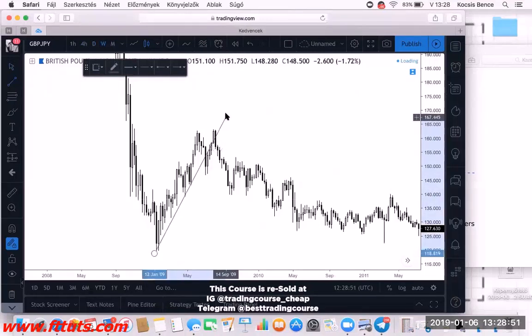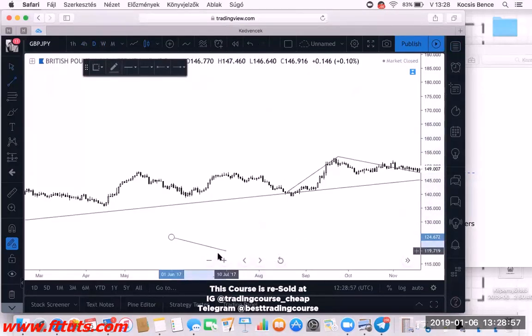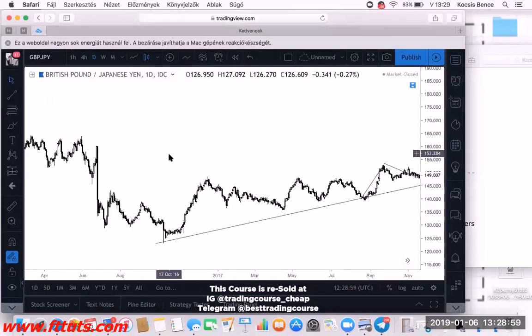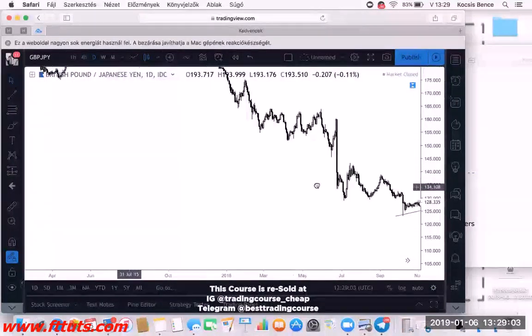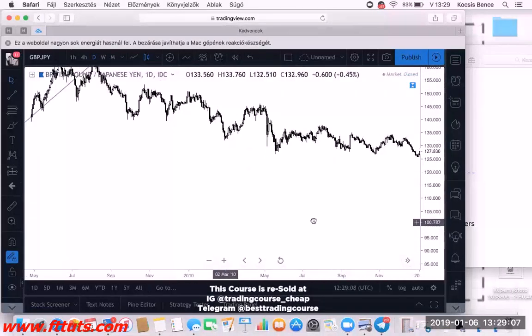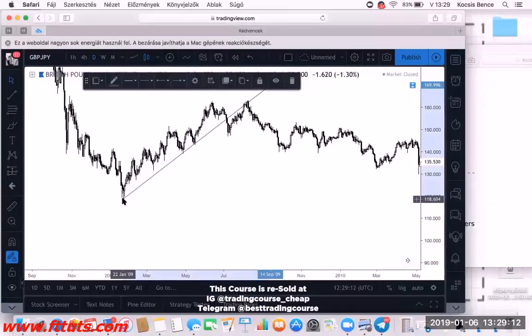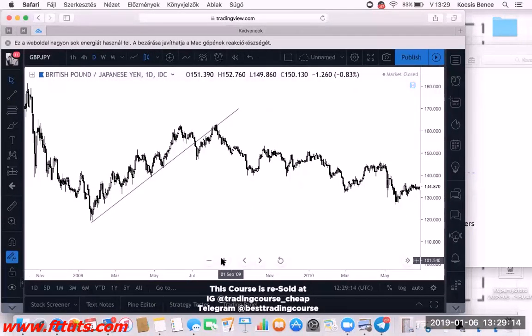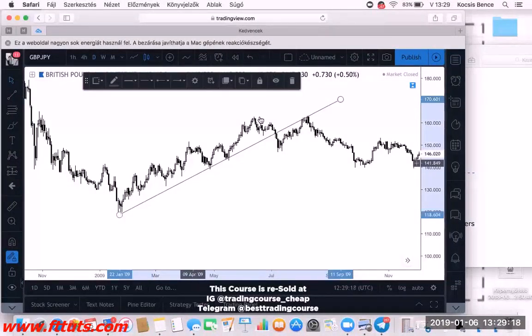We have trend line. Let me check the smaller time frame. So the trend line is broken.